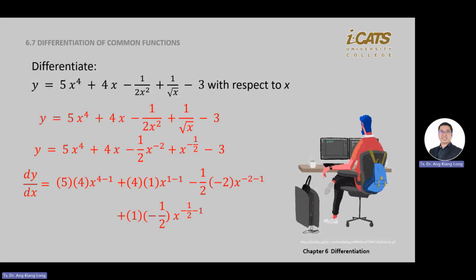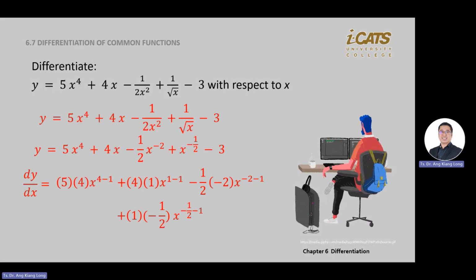Okay, dy/dx equal to, 5 power 4, the 4 moves to the front, and then x power 4 minus 1, and the rest is the same. I want to highlight the negative sign. Some of you will forget.